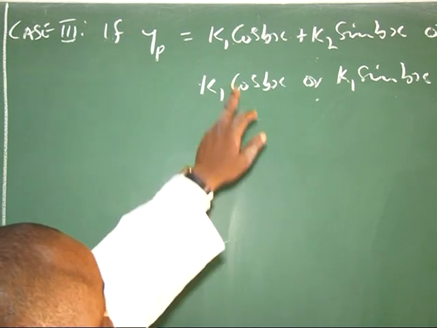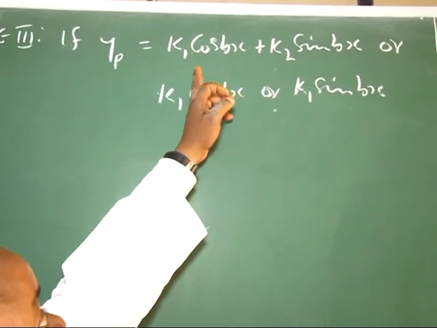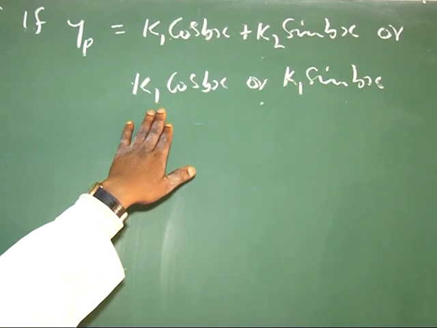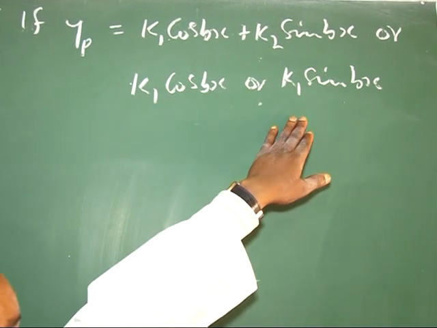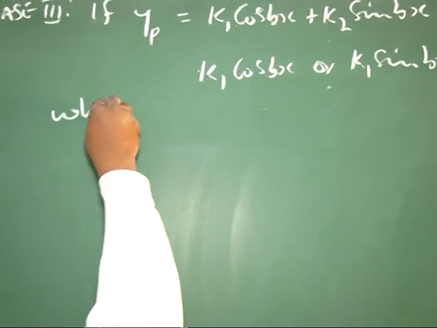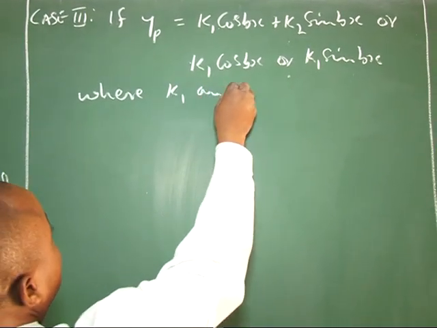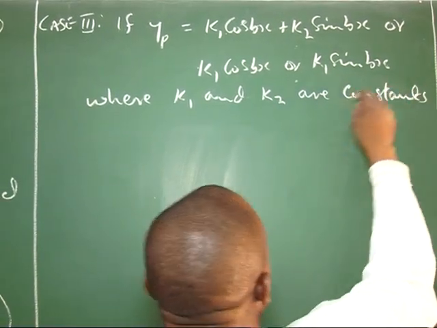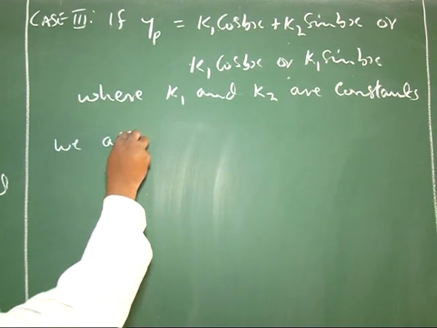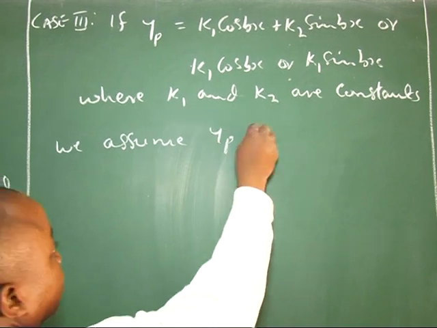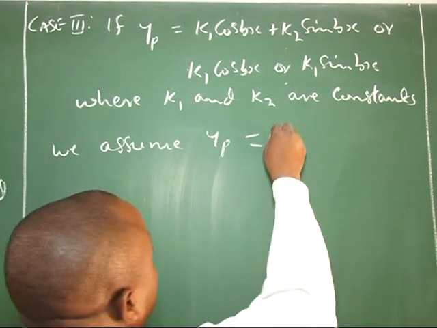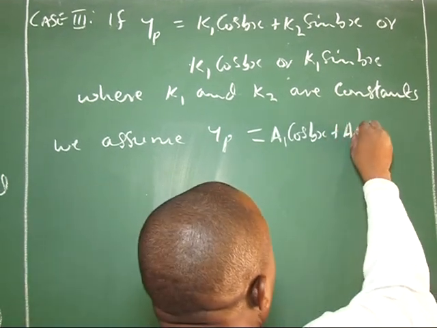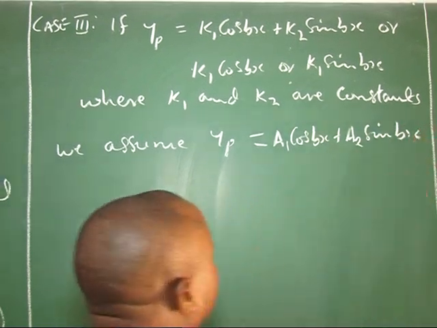That is, if it is any of this, k1 cos bx plus k2 sin bx, or only k1 cos bx, or we have only k1 sin bx, where k1 and k2 are constants. Okay, we assume yp will be equal a1 cos bx plus a2 sin bx.